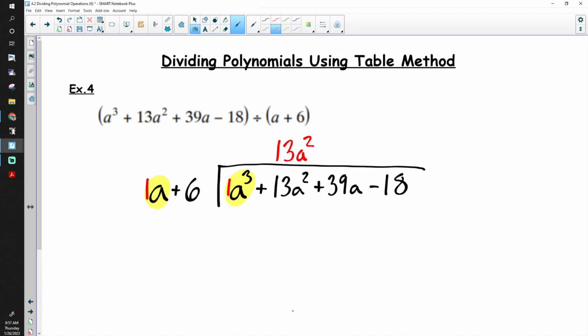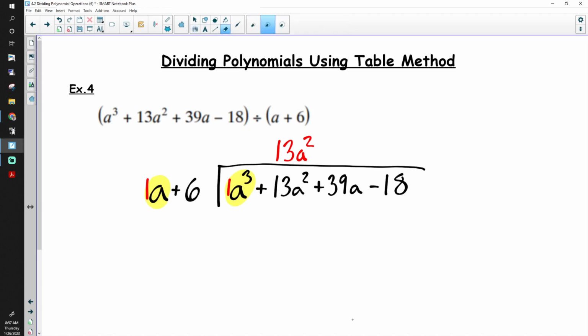Okay, but again, if you don't like the whole variable thing, if you look at what's underneath, it's basically telling you what variable you're supposed to put. There's an a squared underneath, which tells us that we need to multiply the a squared. Okay, so now we multiply 13a squared times 1a.